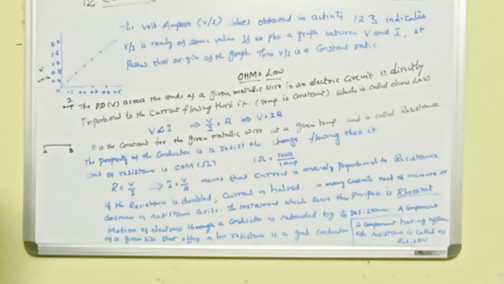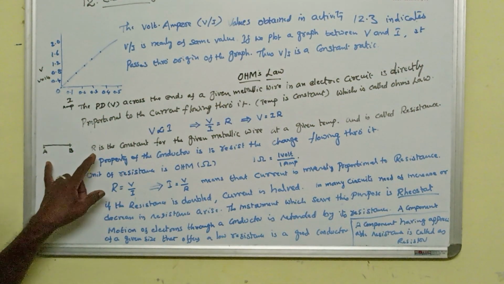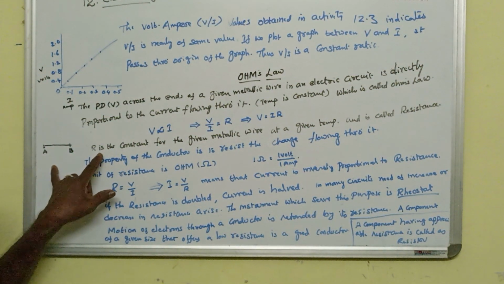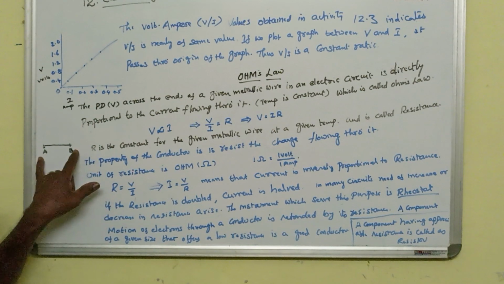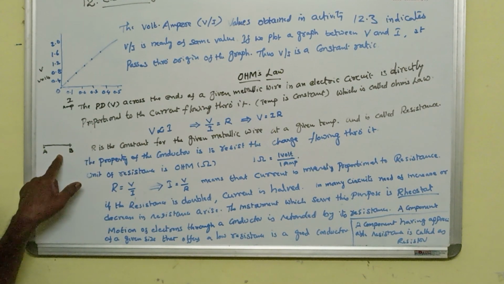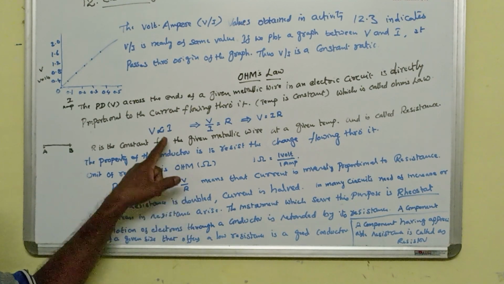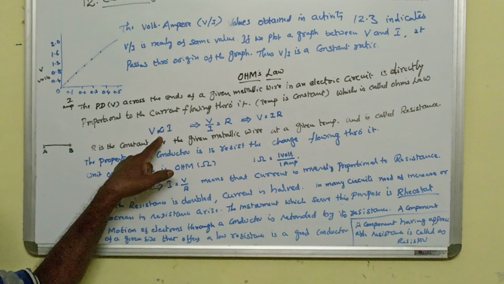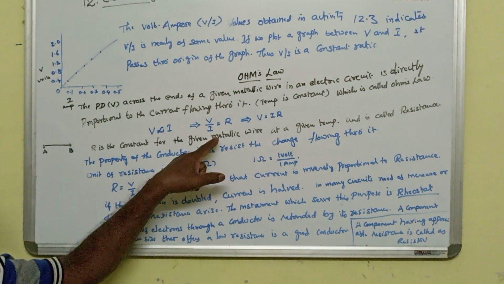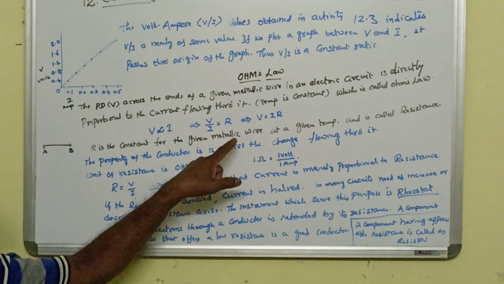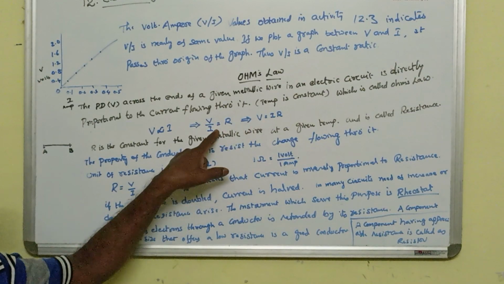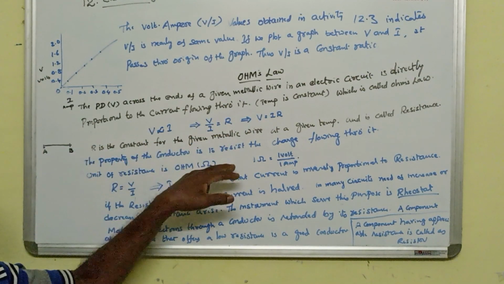So the potential difference between A and B is directly proportional to the amount of current passing through it. That is, V is directly proportional to I, or V is equal to IR, or V by I is equal to R.